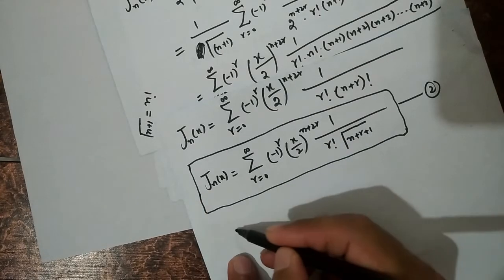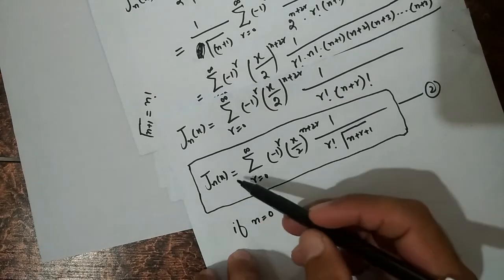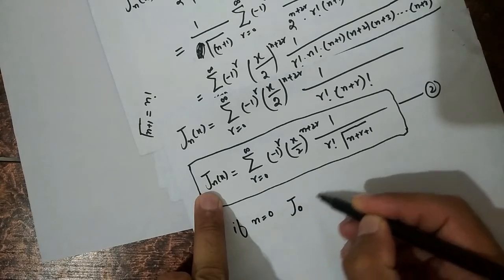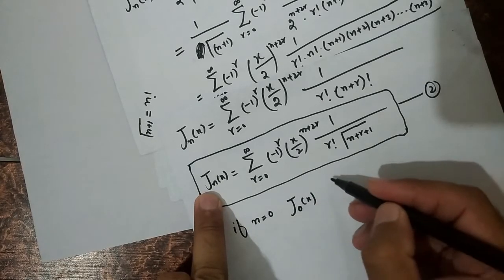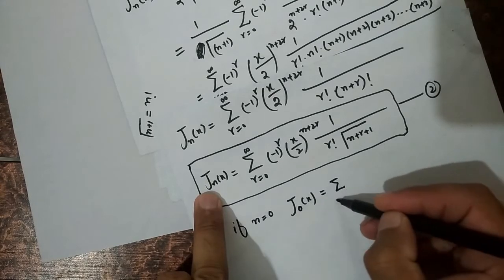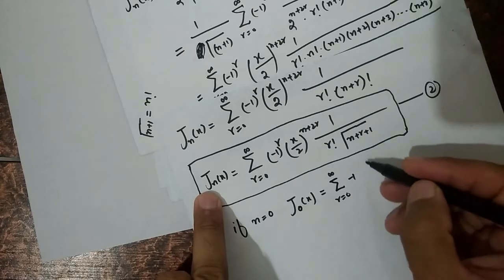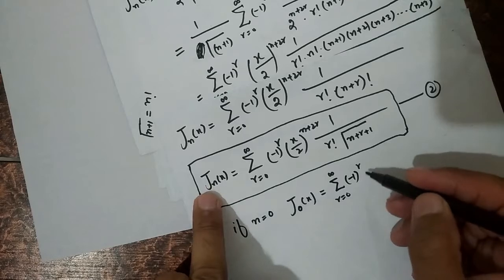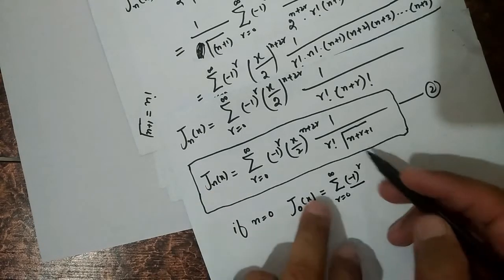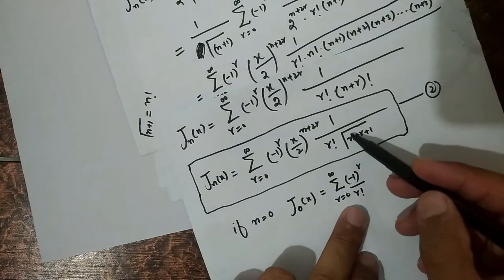So if n is equal to 0, it will become J naught of x, and this will become equal to summation from r equals 0 up to infinity, minus 1 to the power r divided by r factorial. Clear?